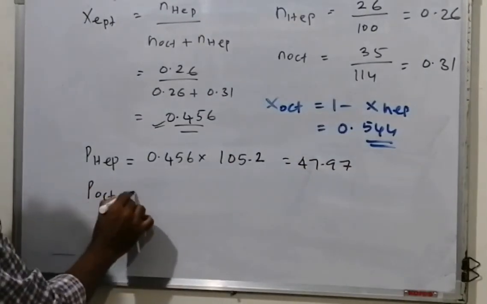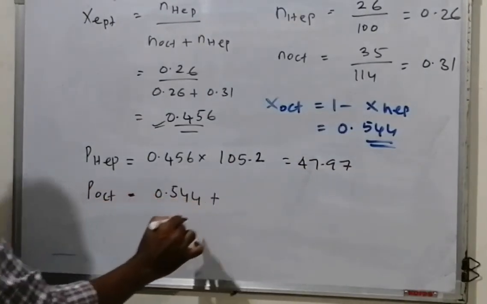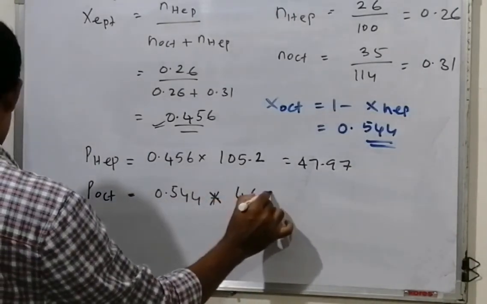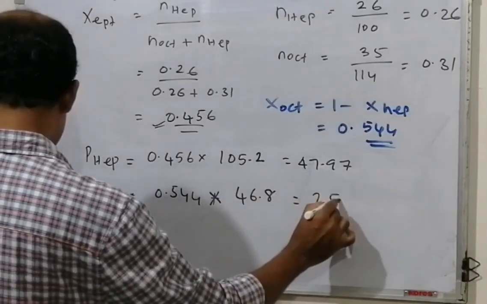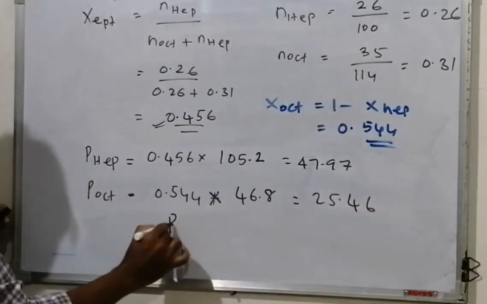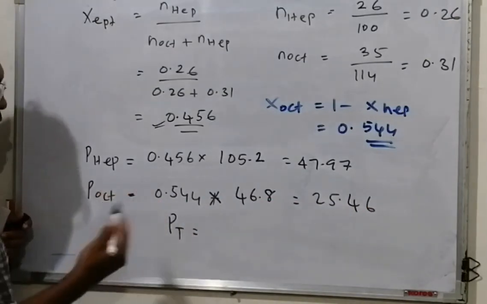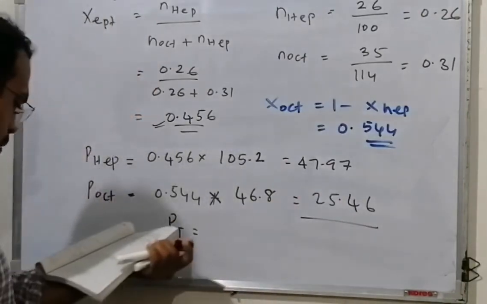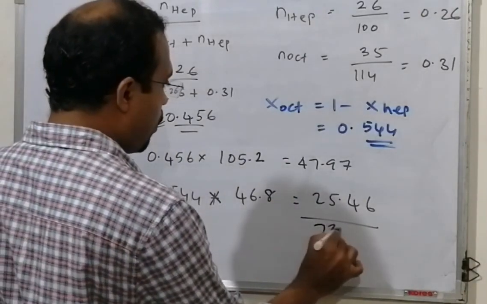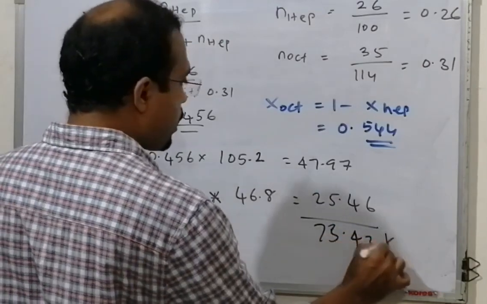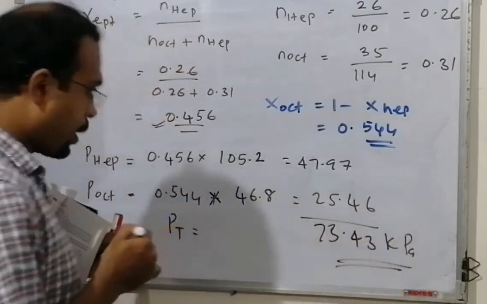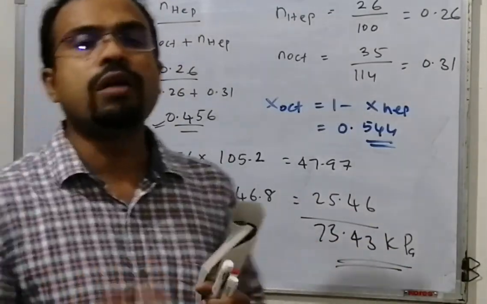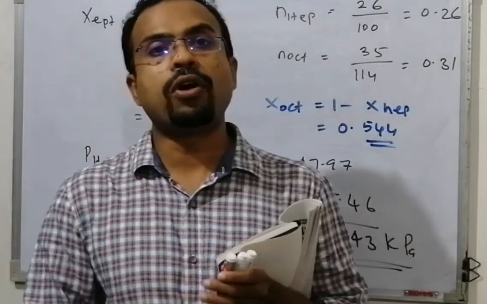P octane is equal to 0.544 into 46.8. That is 25.46. Therefore, P total, the vapor pressure of that solution, is equal to this plus this. That is 73.43 kilopascal. I hope these numericals are okay. You solve more numericals and you will get more idea. Thank you.